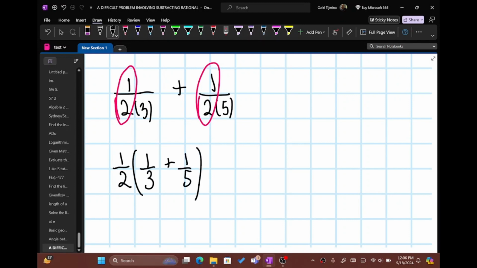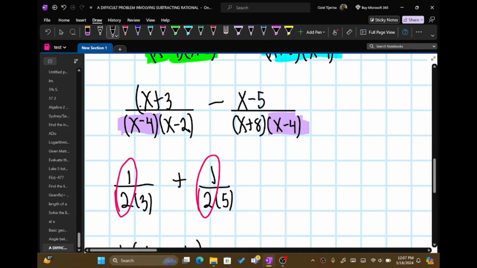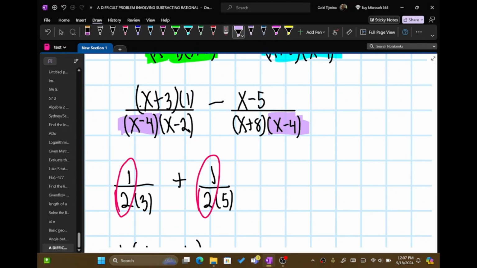I just want to make that very clear, and I hope that makes a little bit of sense, because if you think about it, this is x plus 3 times 1, and this is also x minus 5 times 1, and what I can do is grab the 1 over the x minus 4, because there's an invisible 1 there, okay?